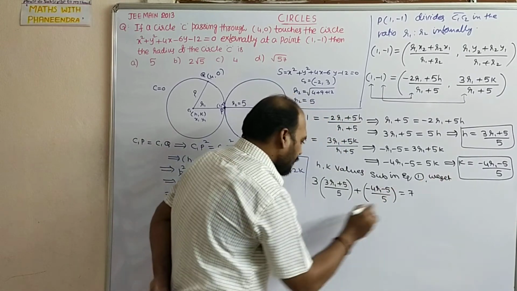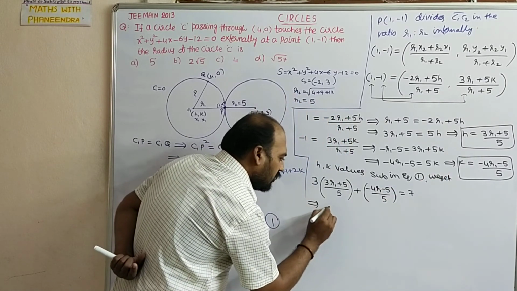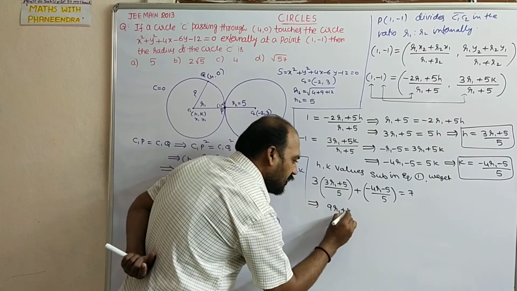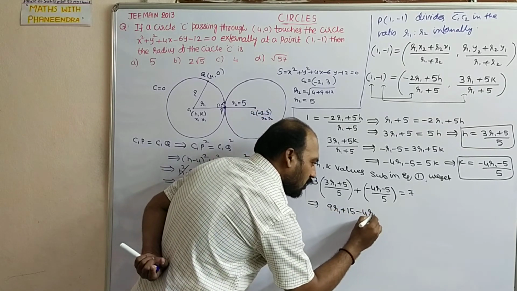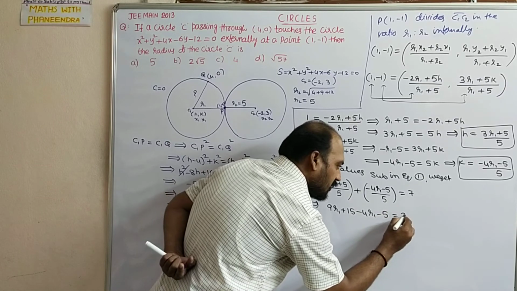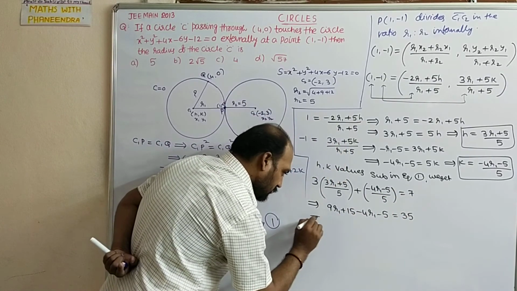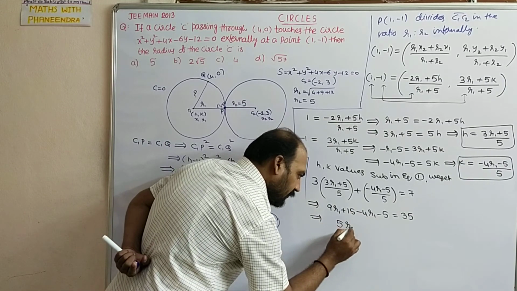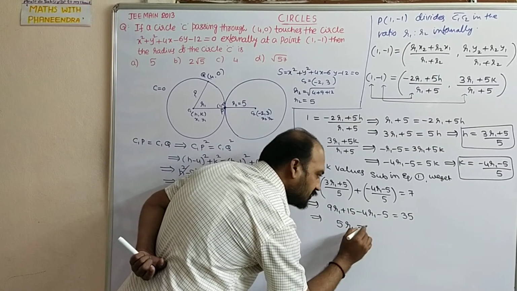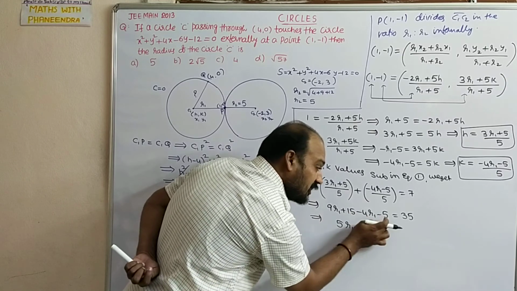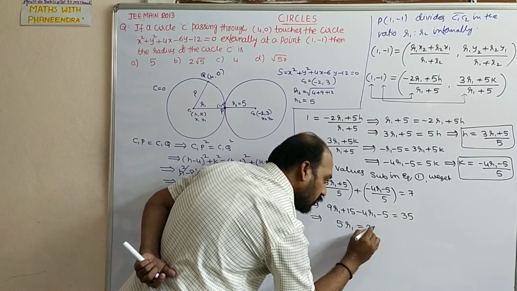5, take LCM, we can take this side, and 9 R1 plus 15 minus 4 R1 minus 5 equal to 35. So 9 R1 minus 4 R1, 5 R1, 15 we are taking this side, which is equal to 15 minus 5 is 10, 10 we can take this 30, 25.